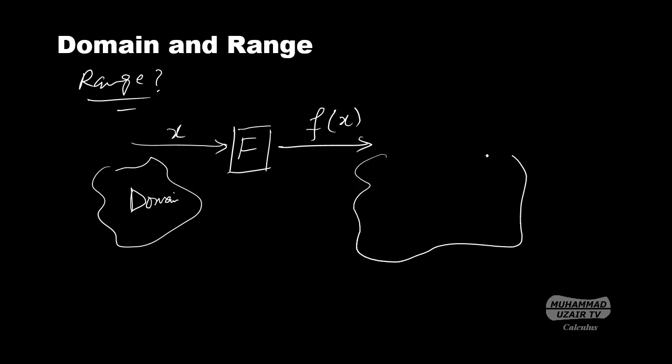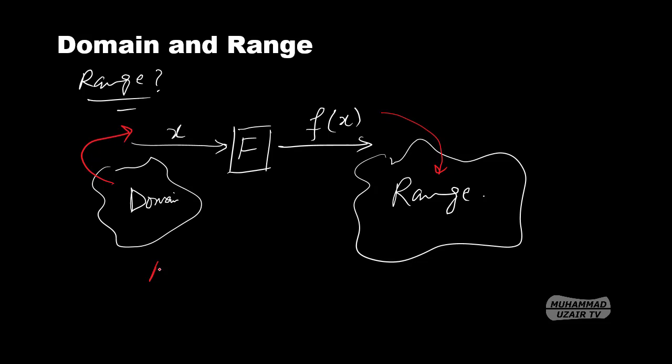This will be the range. If I take a value from the domain, we will get the output which is range. So it is the set of all possible outputs.